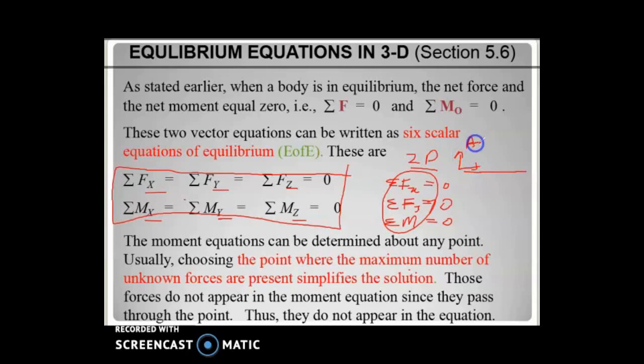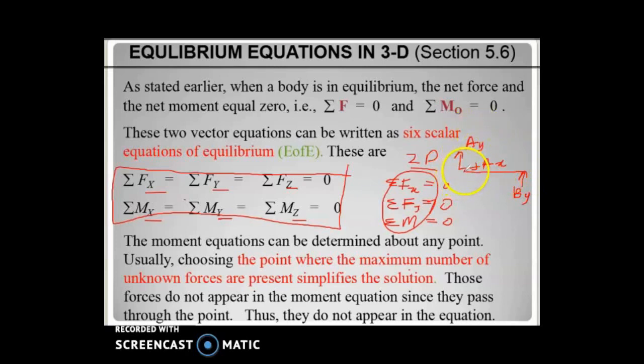Okay, let's say before this we have a beam like this, and then we have unknowns of Ax, Ay and Az, and then at B here we have an unknown of By. So instead of putting the point of moment there, we choose here, because if we choose here, we will have two unknowns.